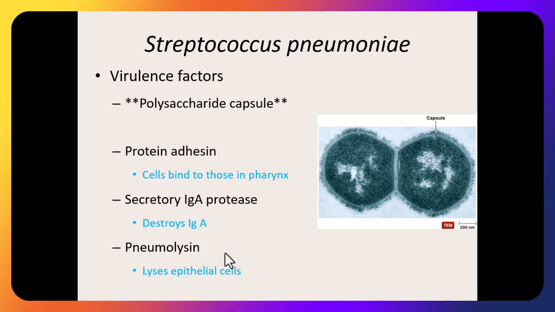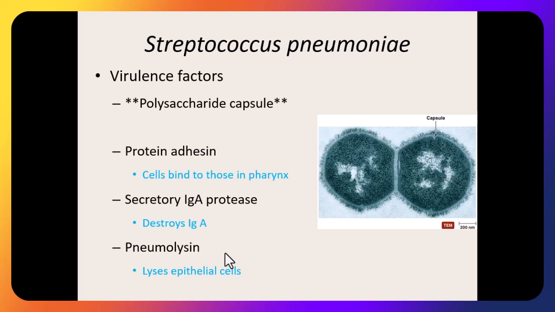One of the things that this has, since they like to hang out in pairs, is a capsule. That's its biggest virulence factor, because our immune system doesn't see it right away and doesn't get rid of it very fast. It also has a protein called adhesin, and based on the name, that protein helps it stick, specifically to the cells of the respiratory tract. That's usually where it likes to stick first.